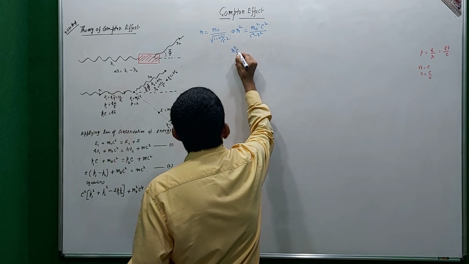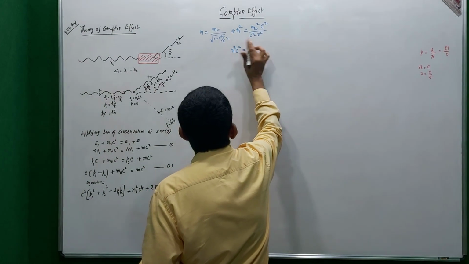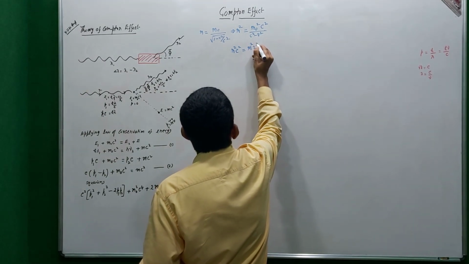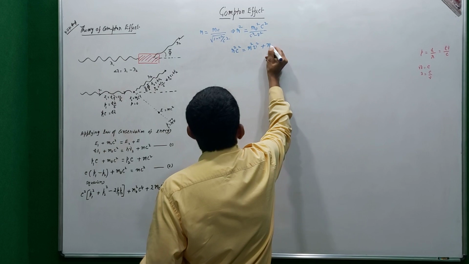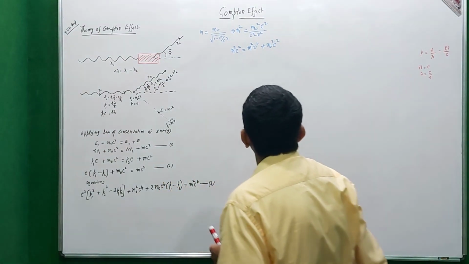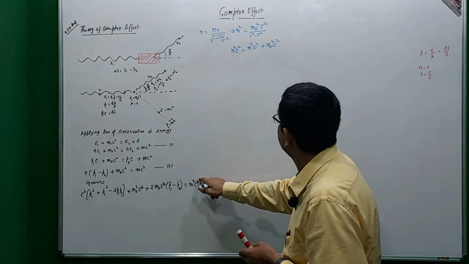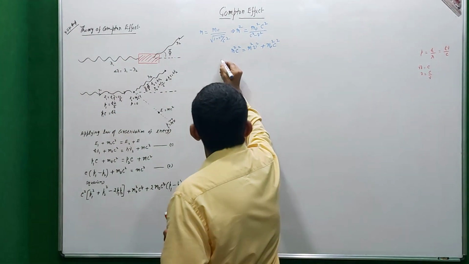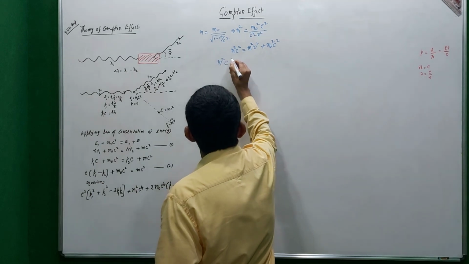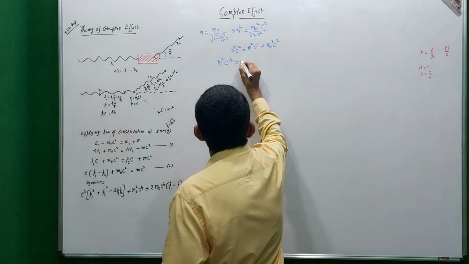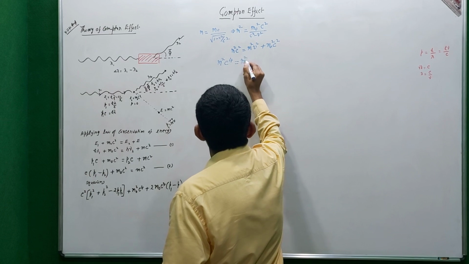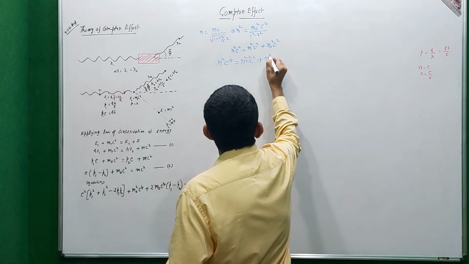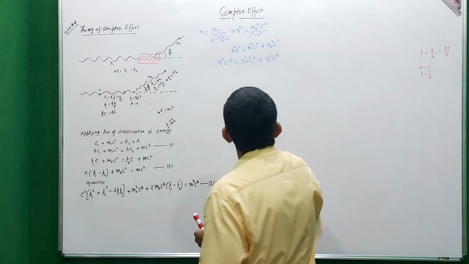M square c square, I will take m square v square to the right hand side. Therefore simply m square c square equals m square v square plus m naught square c square. Is it right? But here we have m square c to the power 4. To get this, we multiply by c square. Then m square c to the power 4 equals m square v square c square plus m naught square c to the power 4.